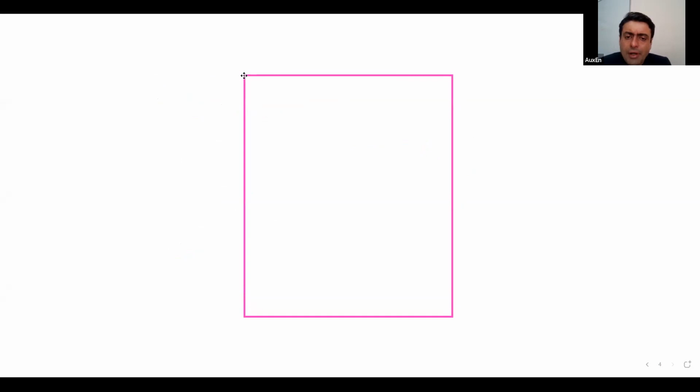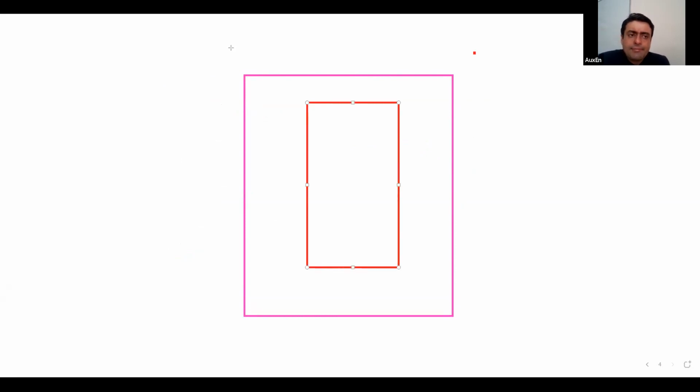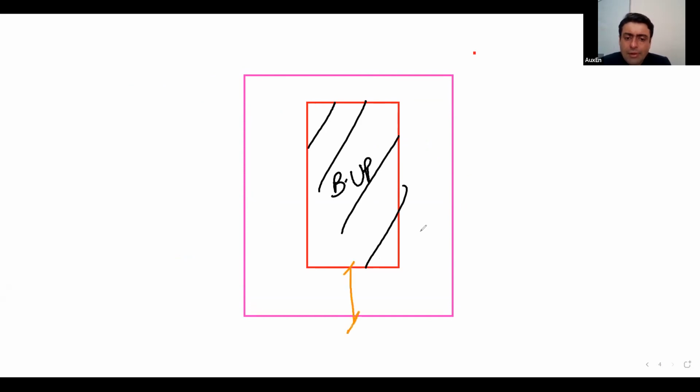Let us say I have this plot. Let us say this is my plot area, and this is my built up area. What will decide the spaces that I have to leave? What will decide this? Yes, tell me.